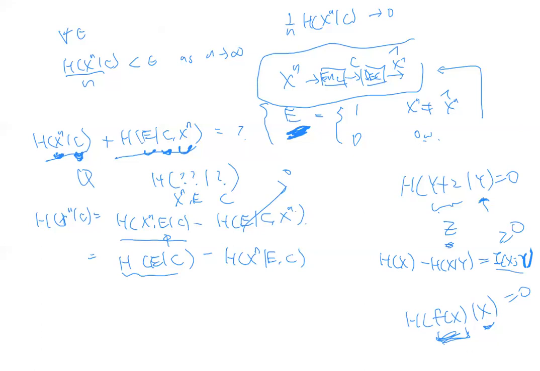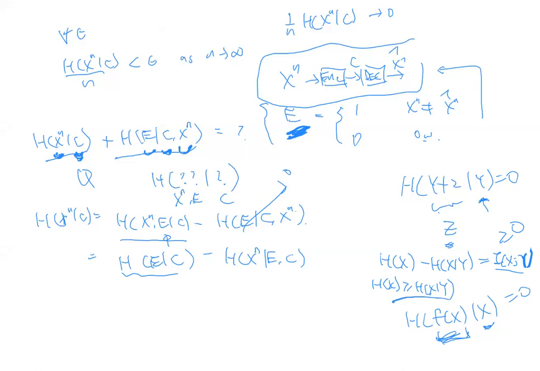We were able to show that; I will delay the proof until later. We will show that this is bigger than or equal to 0, meaning that H(X) is always bigger than H(X given Y). Intuitively this is reasonable.